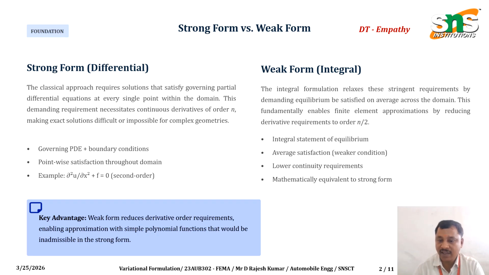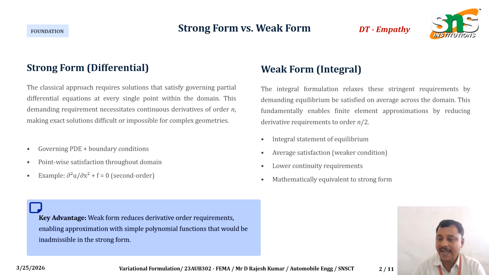For example, if we have d square u by dx square plus f equal to 0, the solution u must satisfy this equation exactly at x equals 0, at x equals 0.001, at x equals 0.5 and at x equals 1, literally at every point in the domain. This is an extremely demanding requirement.